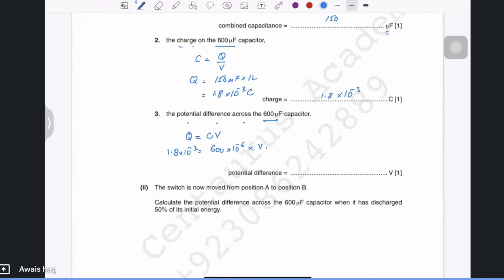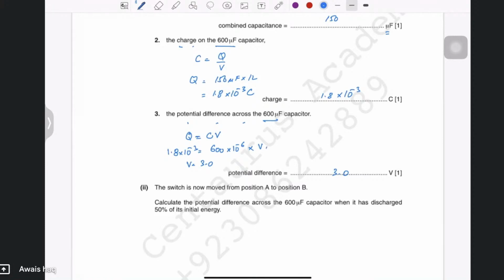Okay, can you please find this? 3.0. So that would be the voltage. Any questions, please let me know if you do not understand something.